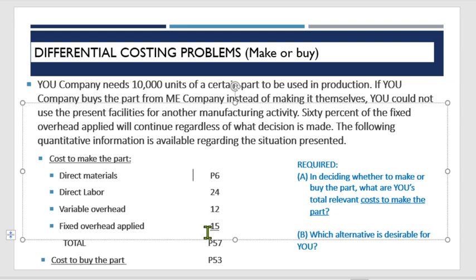So, yung 15 times 40% is 6. So, 6 na direct materials plus direct labor 24 plus variable overhead na 12 and plus avoidable fixed cost na 6 will be the relevant cost to make the part. Magkano? 48 pesos per unit.